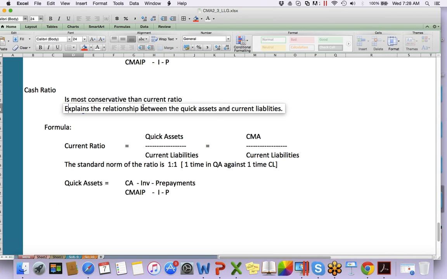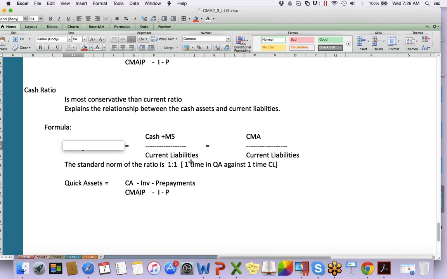It explains the relationship between cash assets and current liabilities. Cash assets means cash and readily available cash to meet current liabilities. We talk about only cash assets. Therefore, here you will say cash and bank balances, that is, marketable securities, over current liabilities.